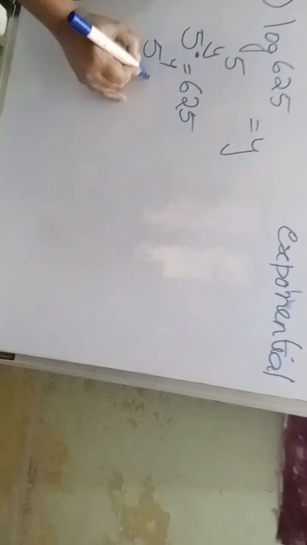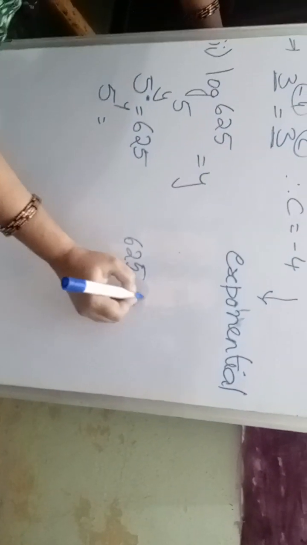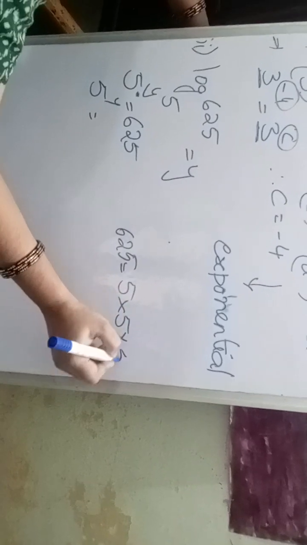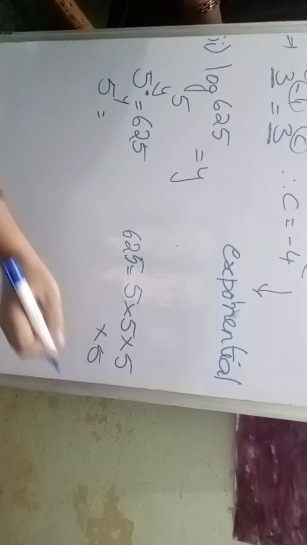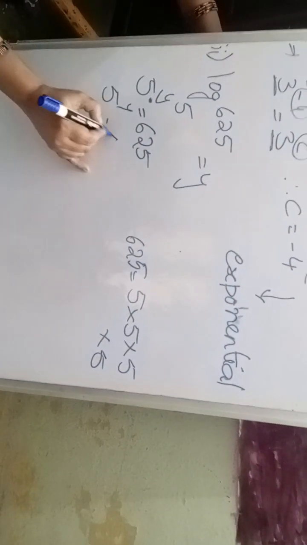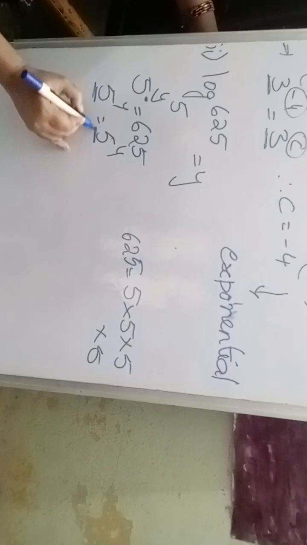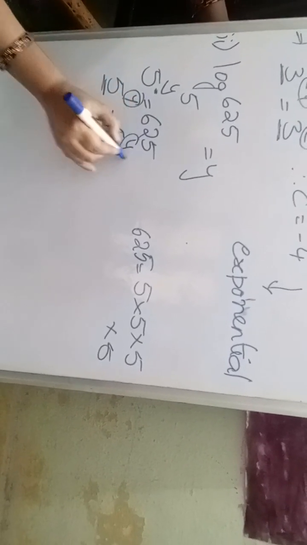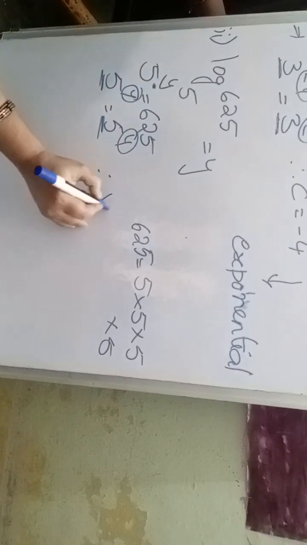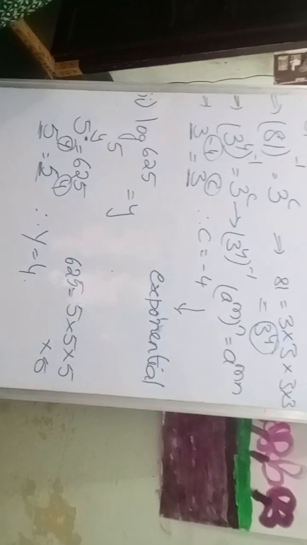How can we find it? 625 is 5 fives are 25, 25 fives are 125, 125 fives are 625. So it is 5 power 4. Now here again the bases are equal, so we can equate the powers. Therefore y is equal to 4. In this way we can take examples for logarithms.